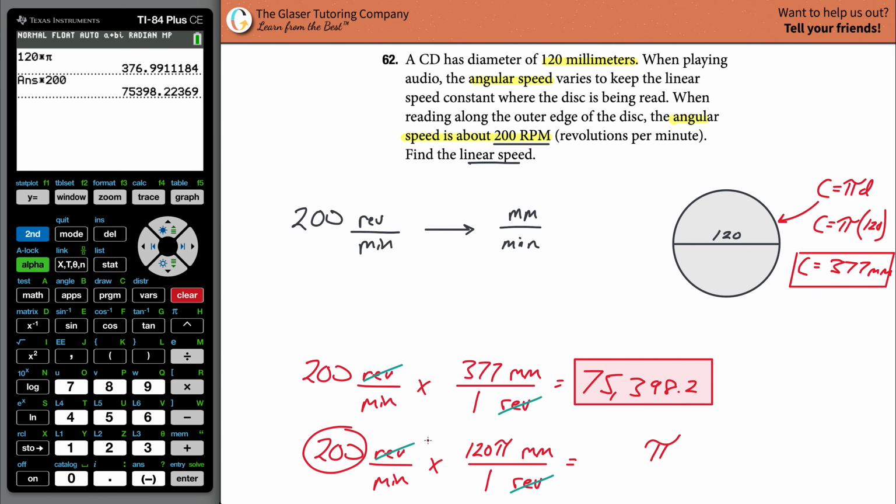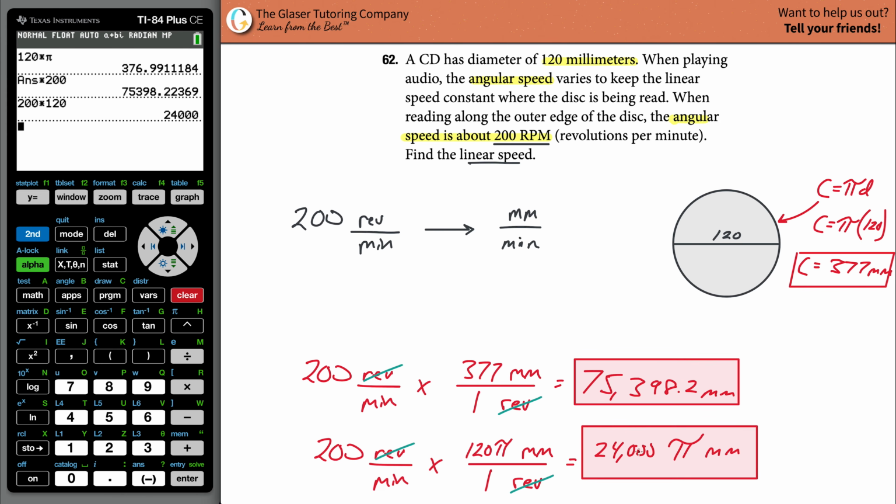All I'm going to do is multiply the 200 by the 120. Go to the calculator, do 200 multiplied by 120, and that gives us 24,000. So we get 24,000 pi millimeters. Both of these are in terms of millimeters, because those were the units of length.